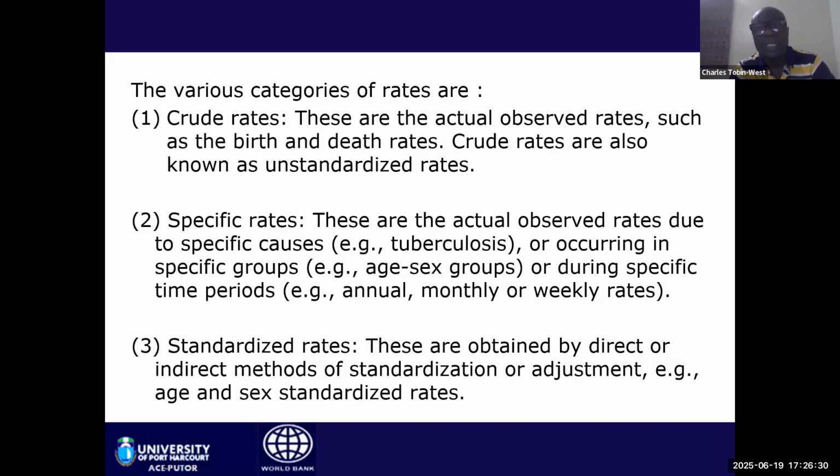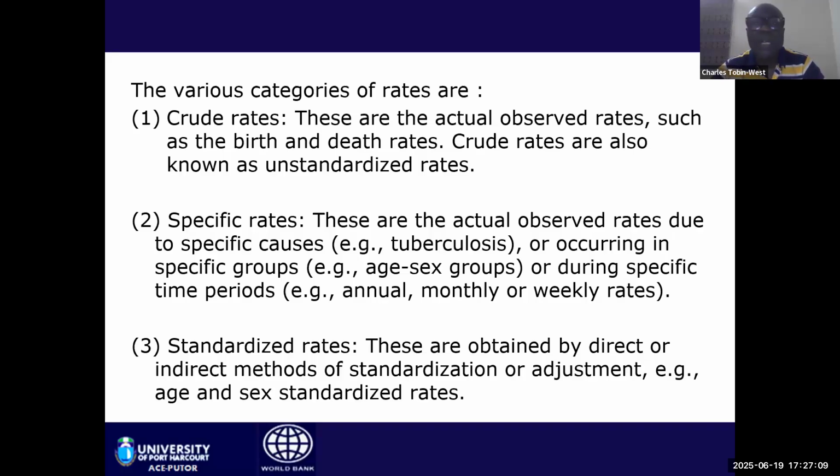Mere looking at those figures, you can erroneously jump into a conclusion that death rate is higher in Rivers State than in Abia State, simply because you saw 15 per 100,000 per year, and here you saw 12. If you make such a conclusion, you might be wrong because they are unstandardized rates.